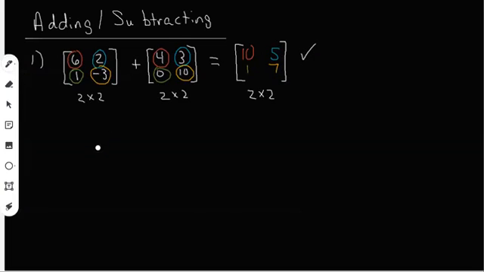So we can add two matrices together. We can also subtract two matrices. So we're going to do number 2 next. See if you can subtract these two matrices. And they're both going to be a column matrix. We're going to have 14, 9. Close that up. Minus 10, 5.